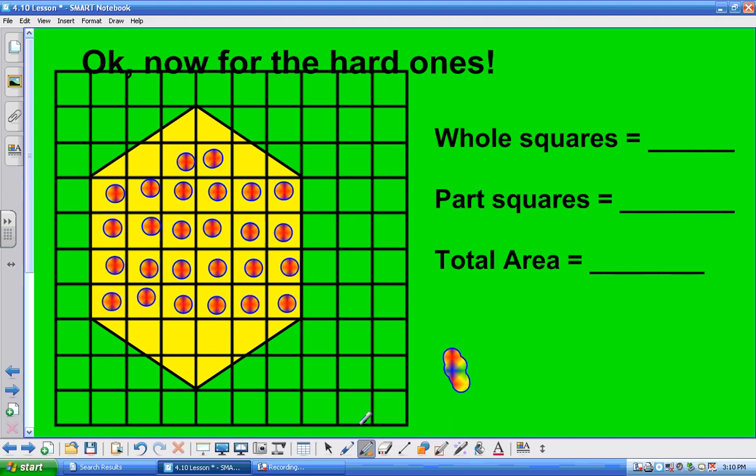There we go. 27, 28. Okay, so using the pen, you got 28 whole squares, right?